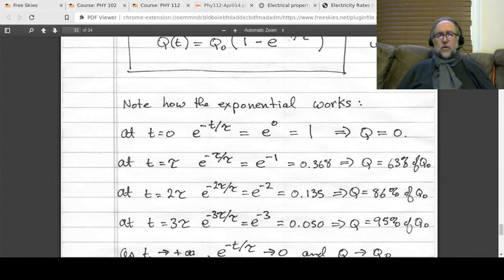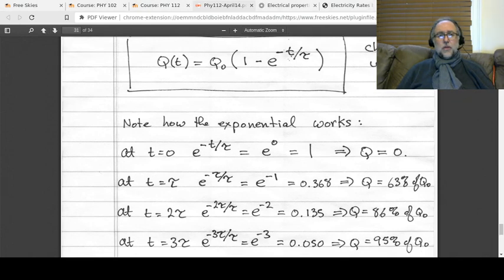So if you start at t equals 0, let me just scroll down just a little bit more. You start off at t equals 0. You see that e to the minus t over tau? You're going to put in 0 for time, t. Well, 0 divided by tau is 0. Tau is not 0, so it's just some number, and 0 divided by some number is 0. So e to the 0 is 1. Any number raised to the exponent 0 is equal to 1, and e is no different.